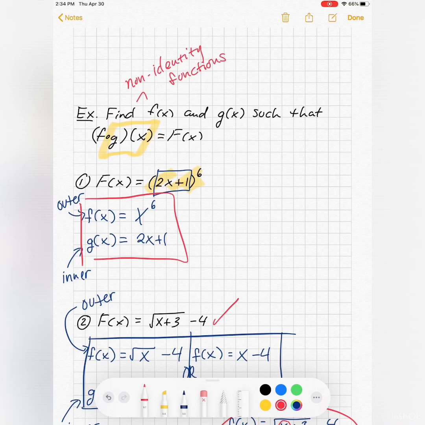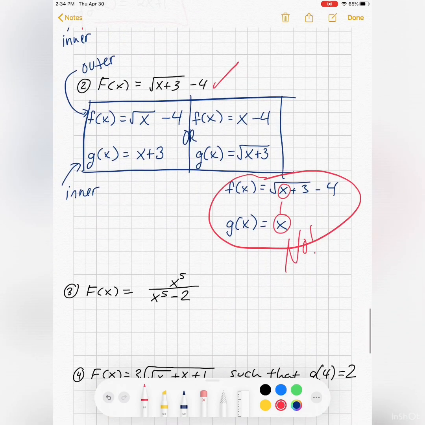That means one of the functions cannot simply be equal to x itself. So find non-identity functions means I have to find interesting functions. Not something like that, because actually g of x here is the identity. Y is identical to x there. Okay.